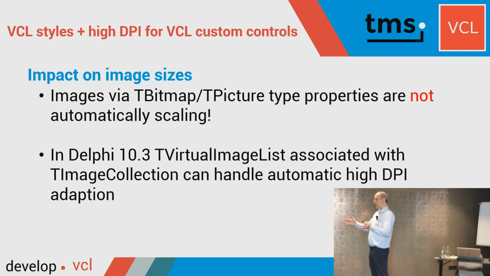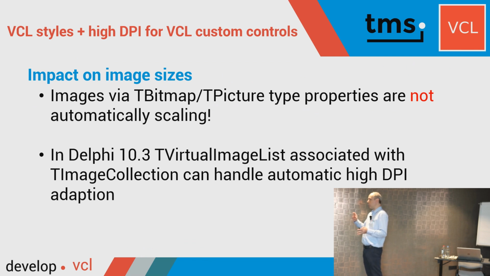We typically added 16 by 16 icons for buttons, for example. The virtual image list allows you to create a whole series of 16 by 16 images, but also 24 by 24 images, 32 by 32 images, maybe 64 by 64, etc.